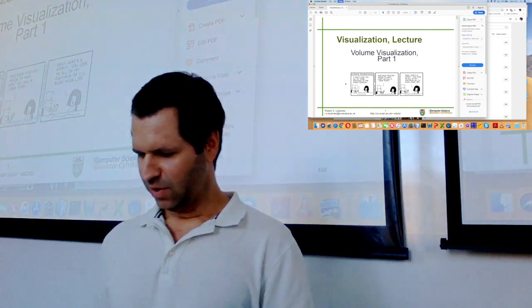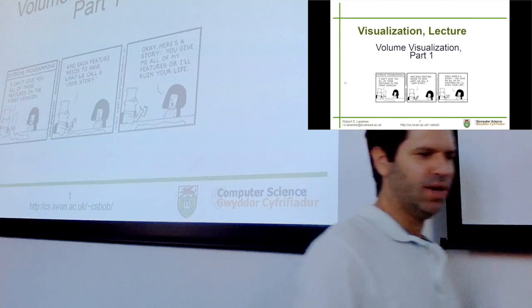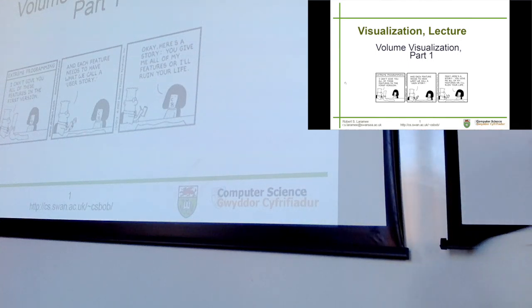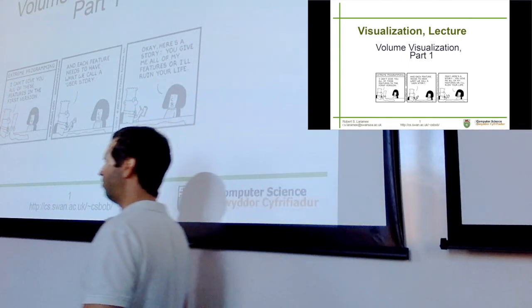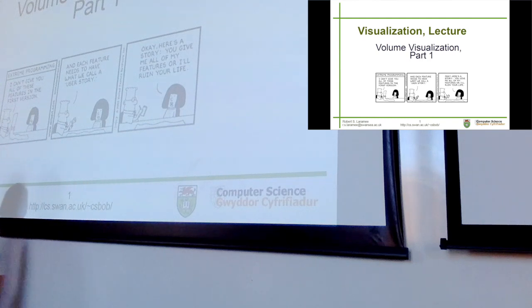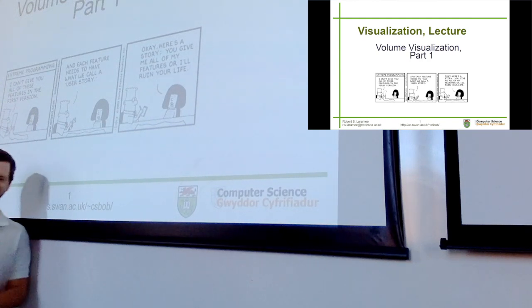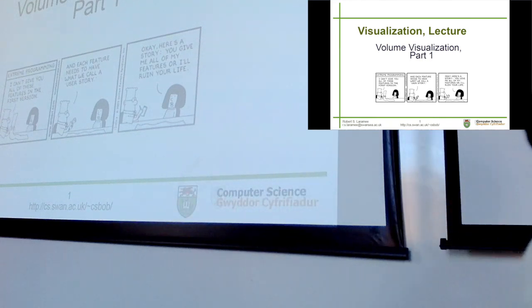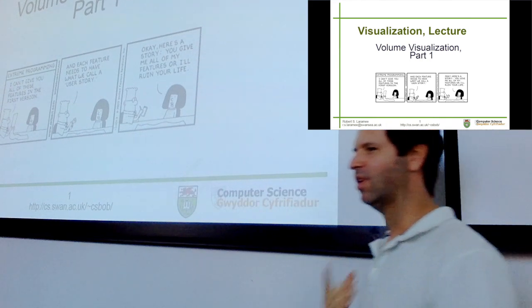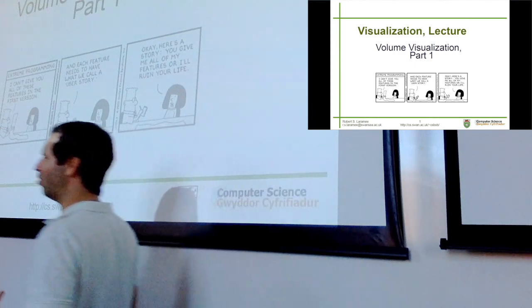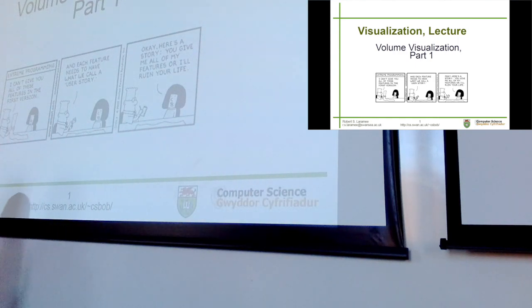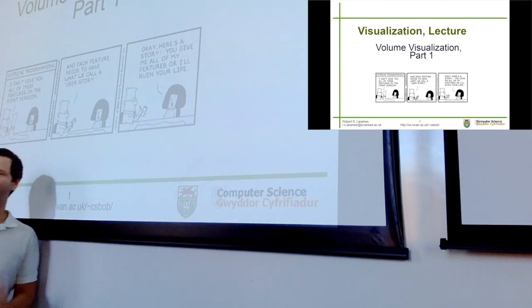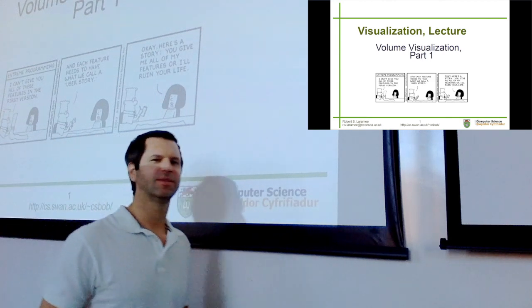So some of you might remember that I said that this module has a little bit of multiple personality disorder, a little bit of schizophrenia, because we have these three major subtopics: information visualization, volume visualization, and flow visualization. And that's not typical.